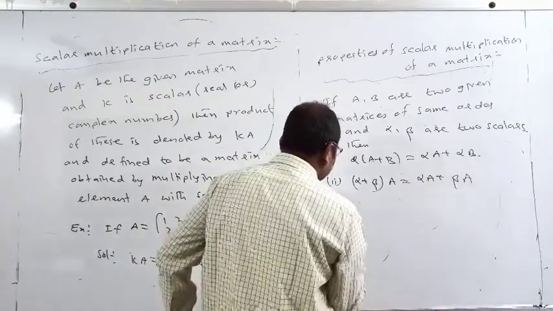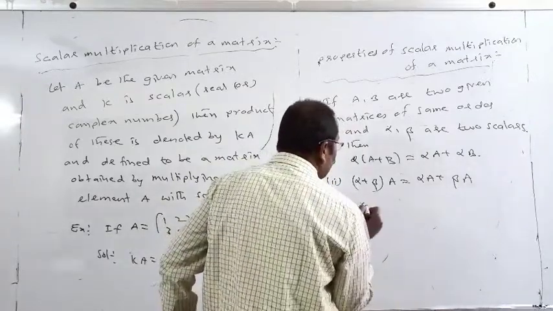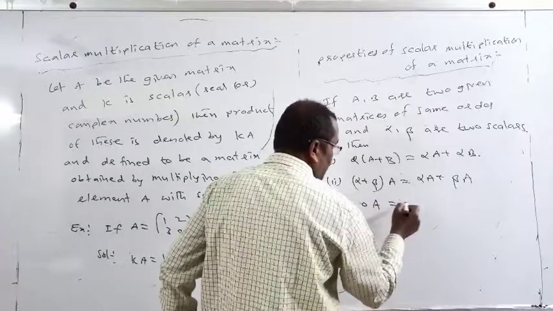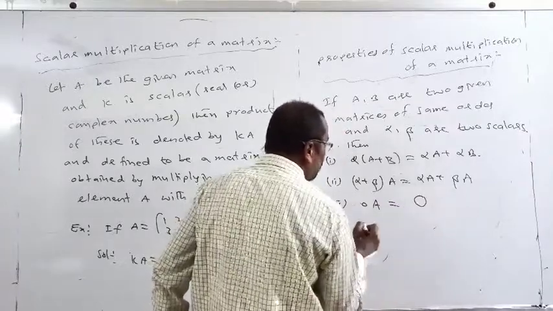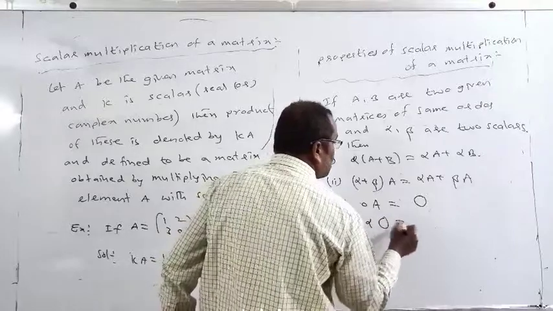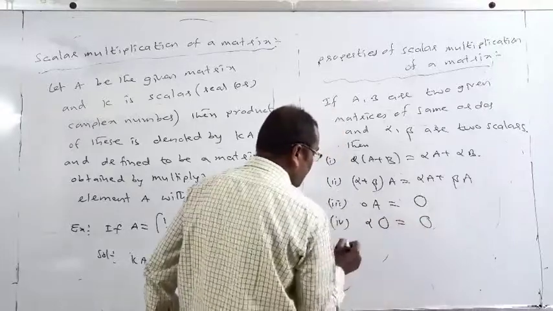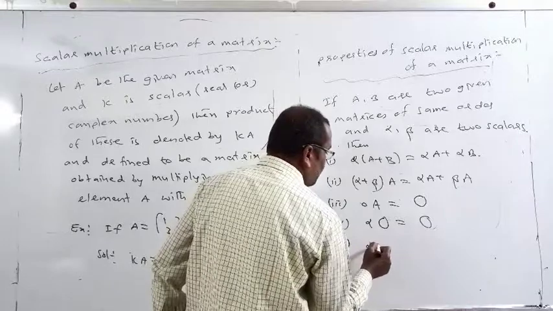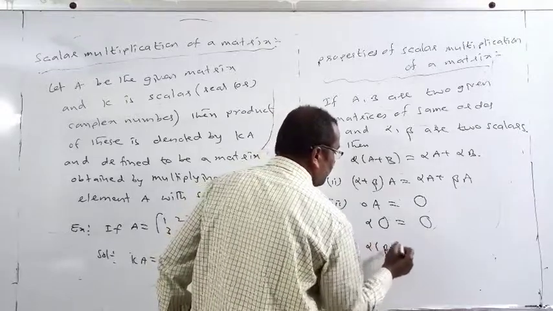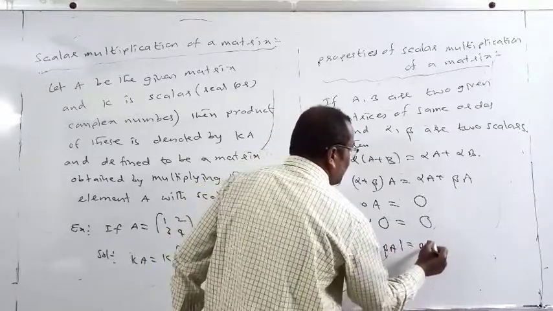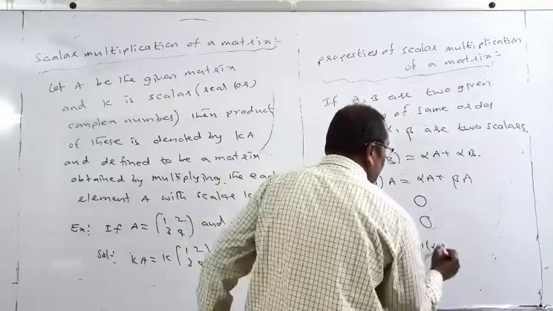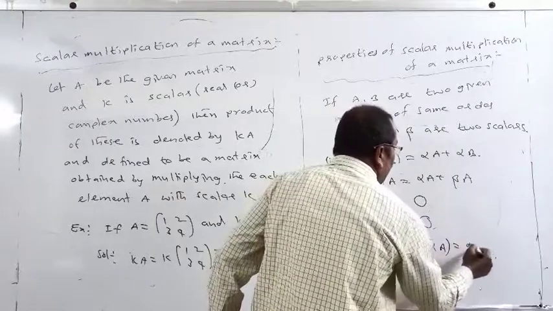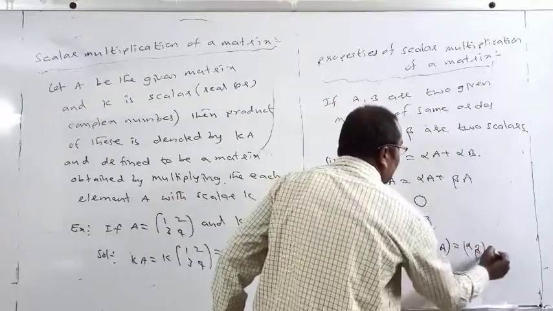Number 3, 0 into A is equal to null matrix. Number 4, alpha into null matrix is equal to null matrix. Number 5, alpha into (beta A) equal to beta into (alpha A) equal to (alpha into beta) into A.